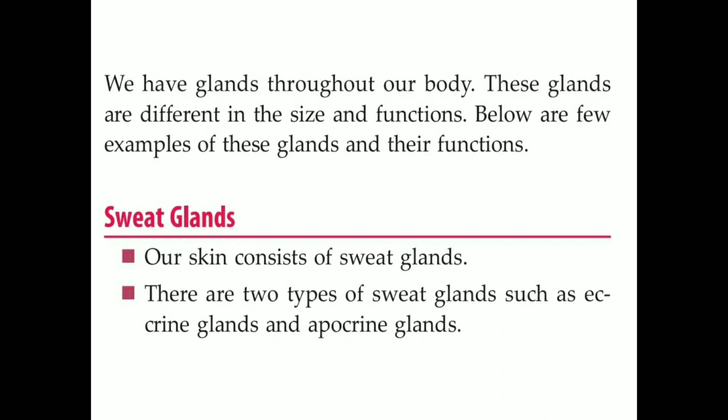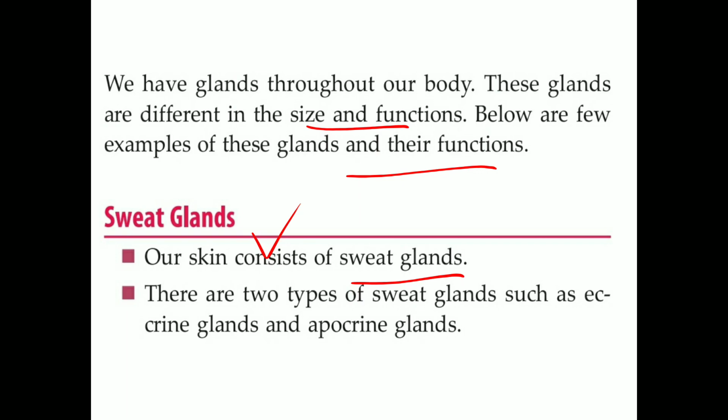We have glands throughout our body at specific locations, and these glands are different in their size and functions, and we'll discuss some of the glands and their functions here. Sweat glands, which are exocrine glands, have ducts in them, and they are present in the skin.